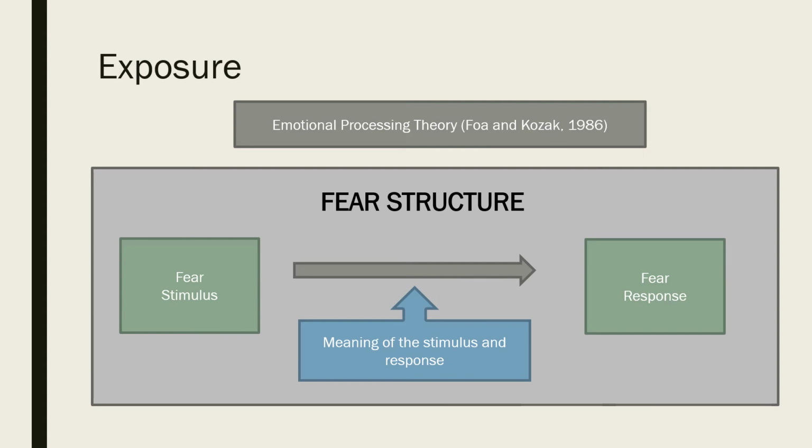So what that means is that let's say that you had a car crash. Anything that reminds you of that car crash, that traumatic event, is a fear stimulus. So it could be a car or a highway or a person who was sitting next to you when you had the accident, or it could be the color of the car that hit your car. If it happened to be a green car, somehow that had a big impression on you, you could even associate the color green as your fear stimulus.